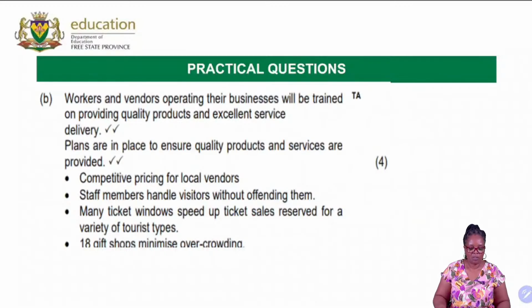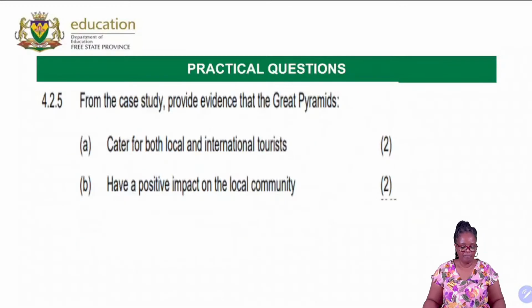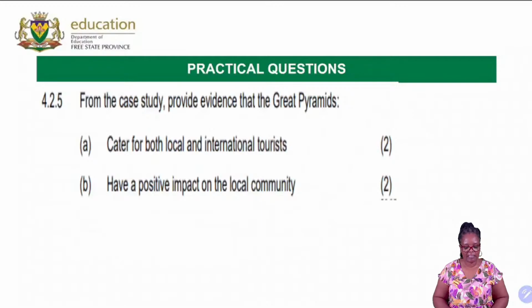Then let's do 4.2.5, from the case study. From the case study, provide evidence that the Great Pyramids, number A, cater for both local and international tourists.